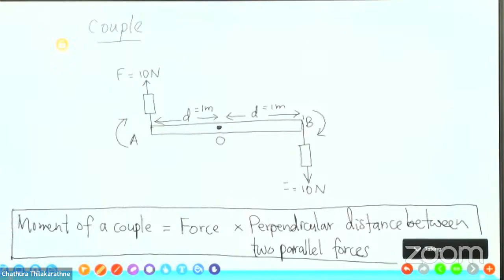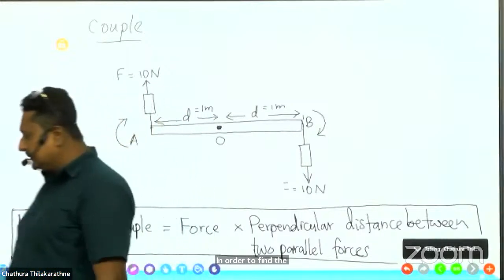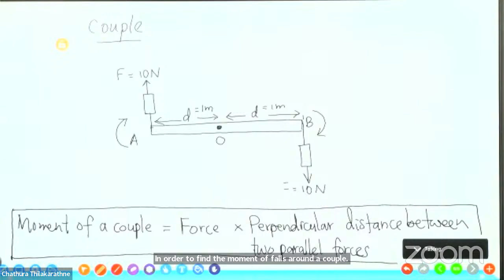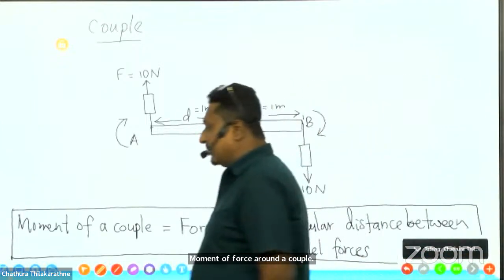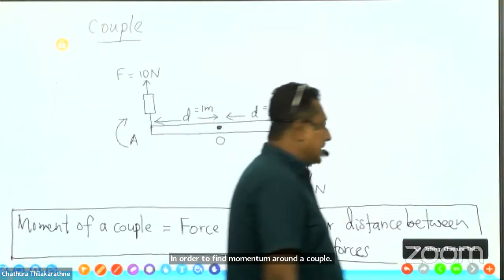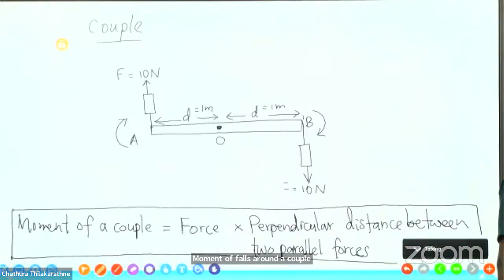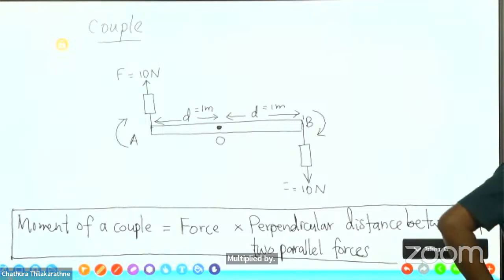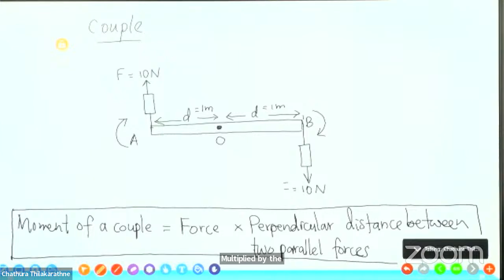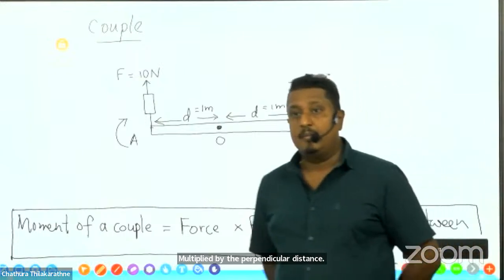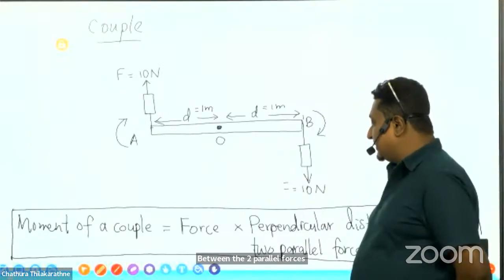Then write below, in order to find the moment of force around a couple, the force should be multiplied by the perpendicular distance between the two parallel forces.